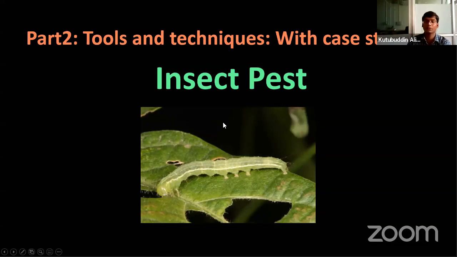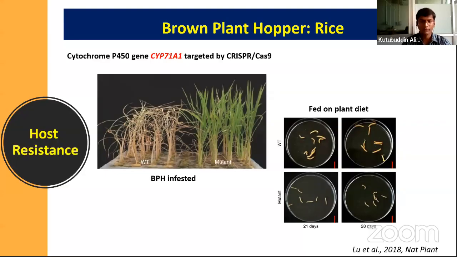Is there anything to develop insect pest resistance in plants? This is an example of BPH resistance development. It is known from basic biological studies that BPH is attracted to the rice plant for serotonin. So if more serotonin is produced, then BPH is more attracted towards the rice plant.